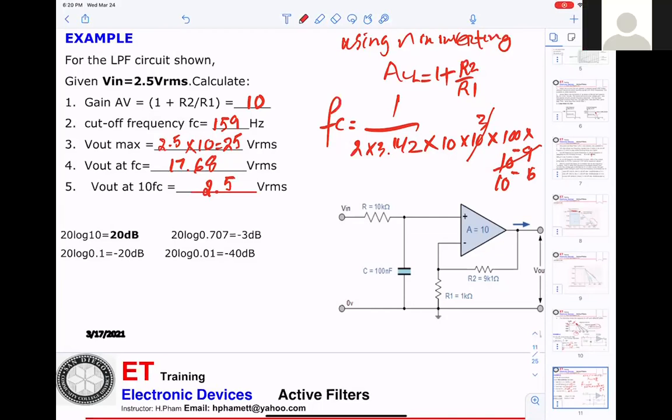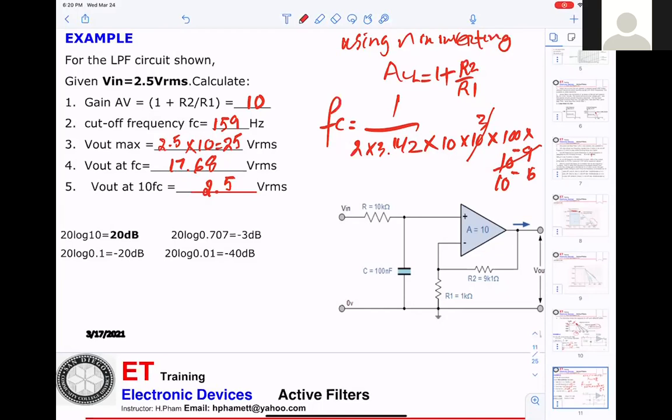Back to number 2, I just had a question on the calculation there. It's 1 over 2 times 3. I can't understand the numbers. 1 over 2 pi, times... I'm sorry, I'm looking at it on my phone.